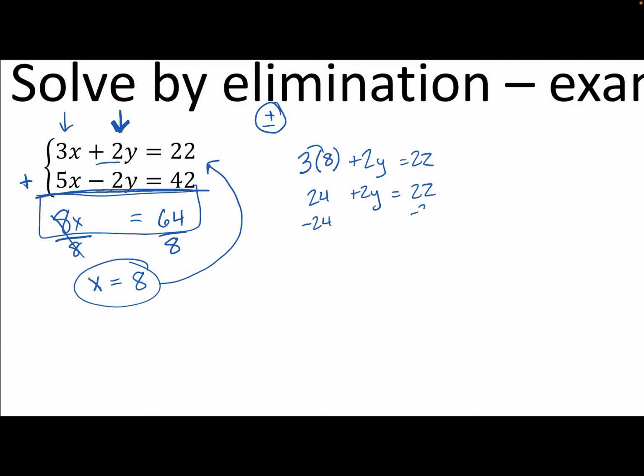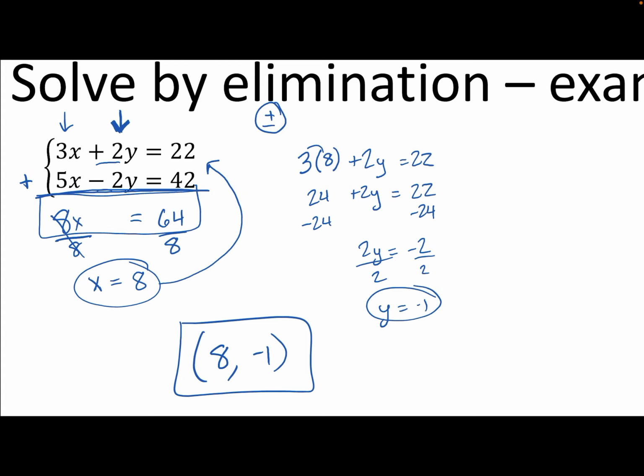Subtract to combine your like terms, and divide to get y by itself. So there we go. We have our two answers, or our two numbers, and we write our one answer with our x first and our y second, and that is our solution.